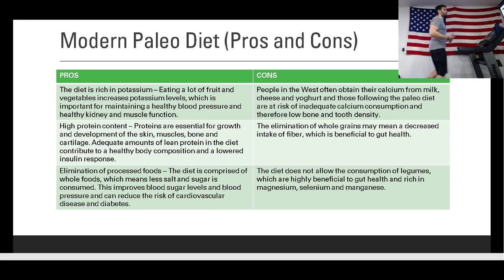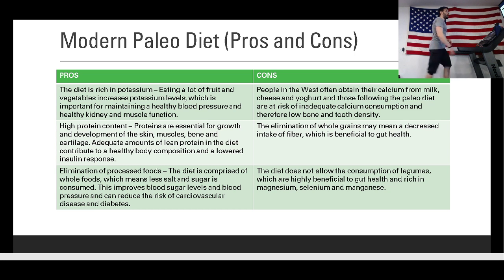So the whole grains, right? If you all of a sudden eliminate whole grains, you could be decreasing your intake of fiber, which is beneficial to gut health. Now again, you can argue fiber supplements and things of that nature. And like I said, personally speaking, I still consume whole grains. Steel cut oatmeal, brown rice.